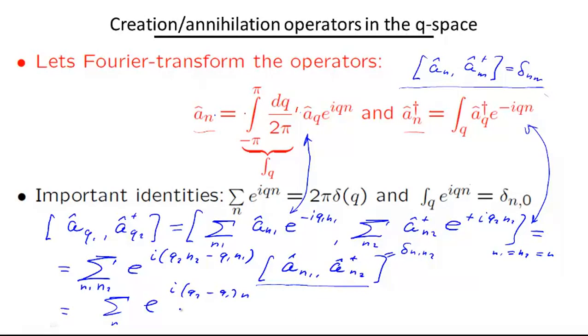And now at this stage, we're going to finally use the first identity that I just defined, and we'll write the final result. So let me actually write it in red. It's going to be equal to 2 pi delta function of q1 minus q2, or q2 minus q1. And this is to be compared with this canonical commutation relation.